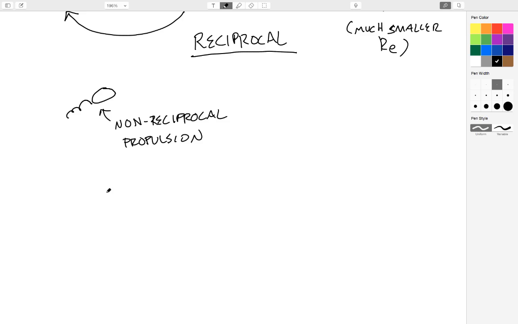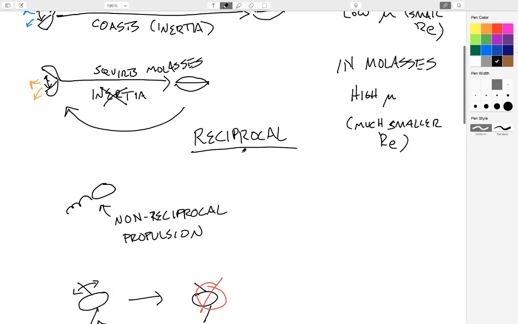So if you could genetically engineer a bacteria to have essentially bacterial oars, a bacteria that had oars and tried to move these backwards and forwards would not live very long because it would just go back and forth just like the scallop. It would very quickly go extinct because it couldn't go anywhere to get any food. So this method of propulsion is ineffective at the nanoscale. Anything that uses reciprocal motion at the nanoscale can never move.